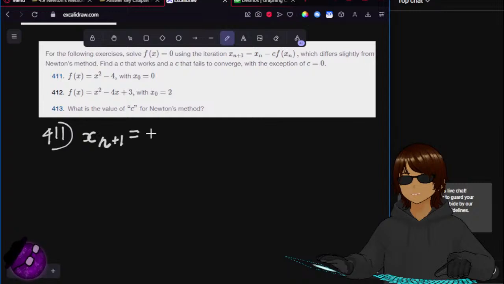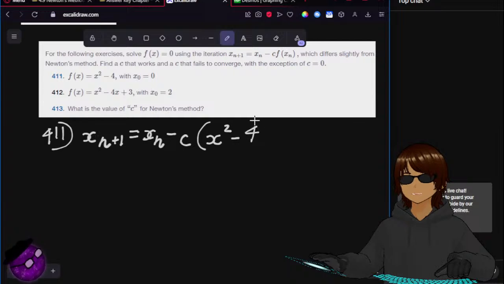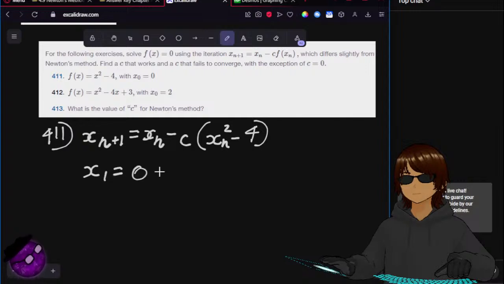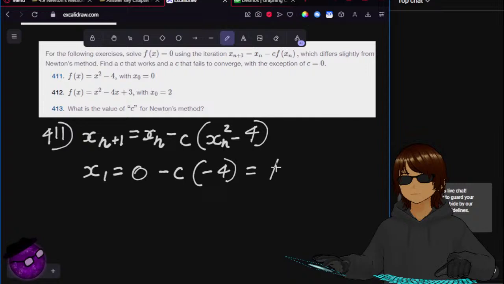x_{n+1} equals x_n minus c times x squared minus 4. And it's not clear what they're asking. So x0 is 0. Then x1 is 0 minus 4c.